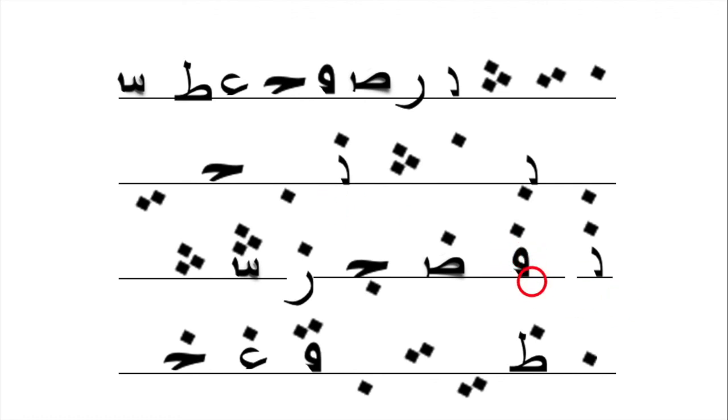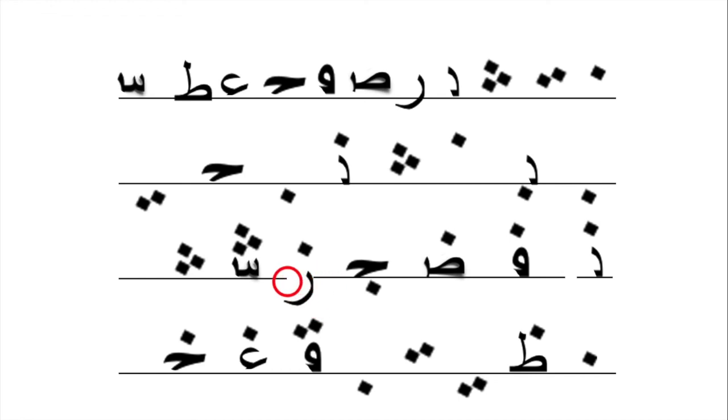Here we have a loop with a dot, fa. Here we have an oval shaped loop with a dot, dad. Here we have the Jim Ha Kha, but this time with the dot underneath. So this one would be the Jim. Here, similar to the Dal, we have the Za.